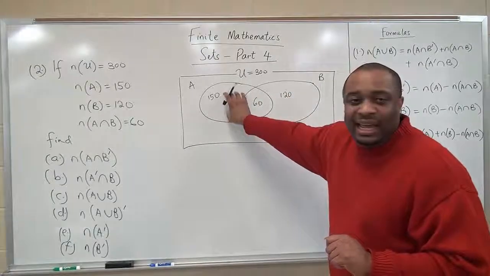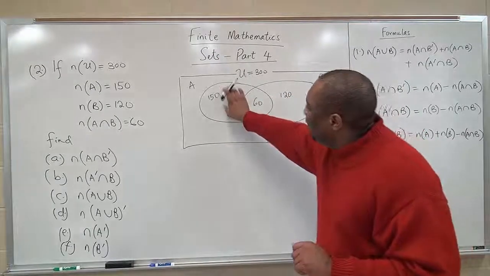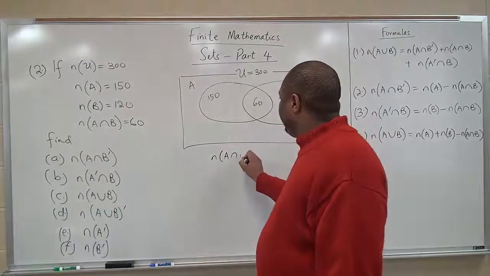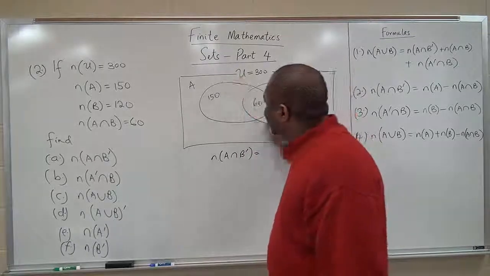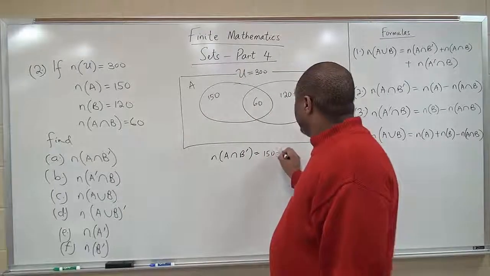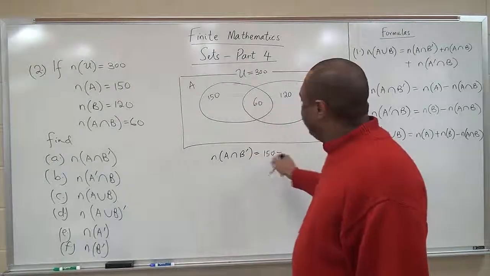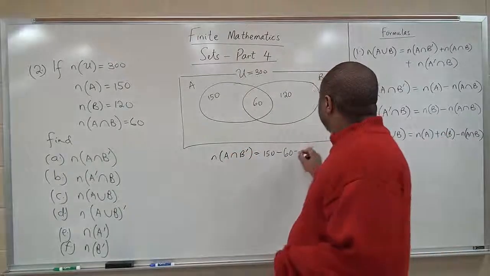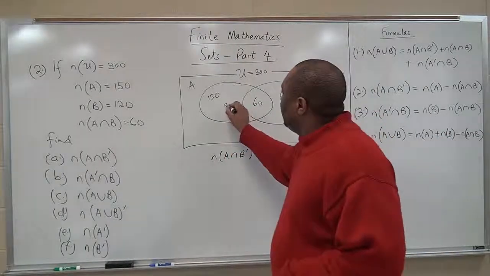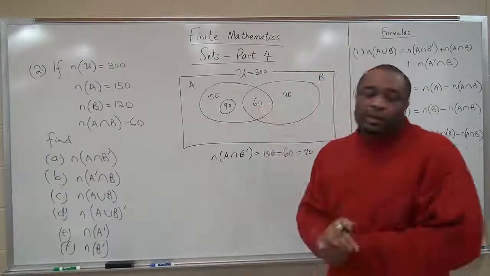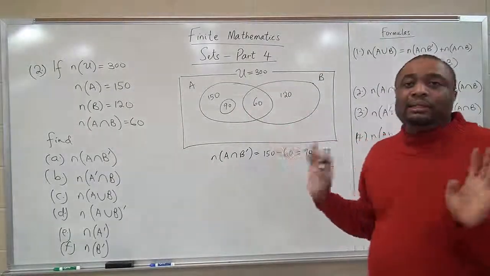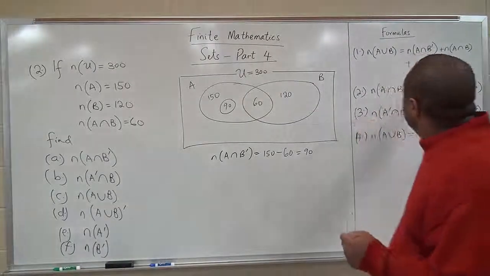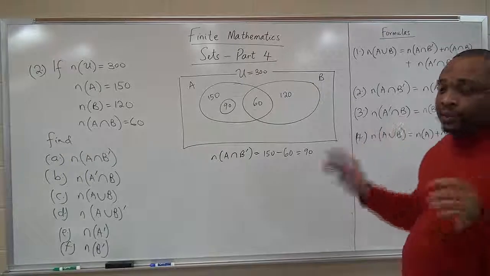If we want to find only A, no B, it will be 150 minus this part. And this will give us 90. Let me circle it. That is the actual thing I need. If you want to use the formula, that's fine.